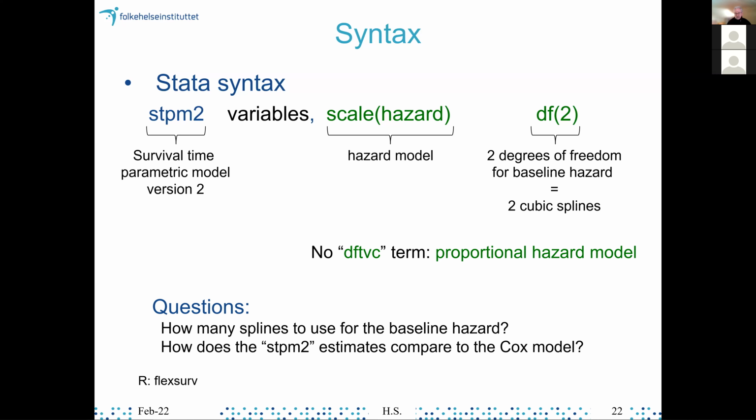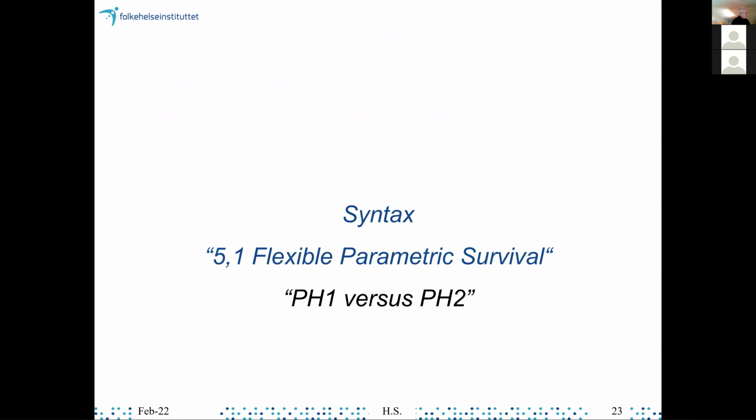And in case I haven't said that, STPM2 is not a part of the Stata commands. You have to download it. And my first syntax called downloads shows you how to do the download. Very easy to do. Okay, now let's try this out in the syntax.